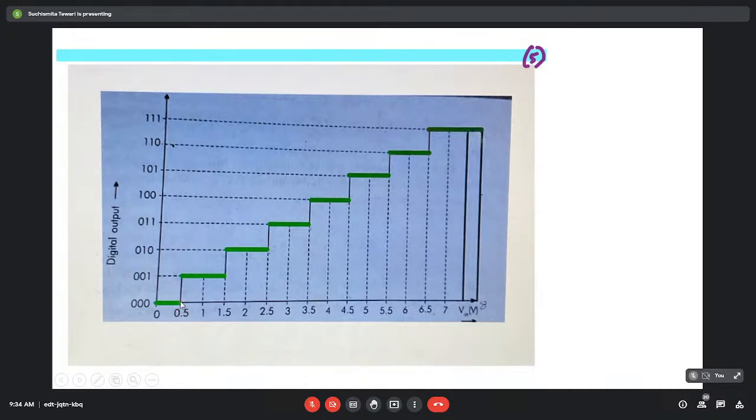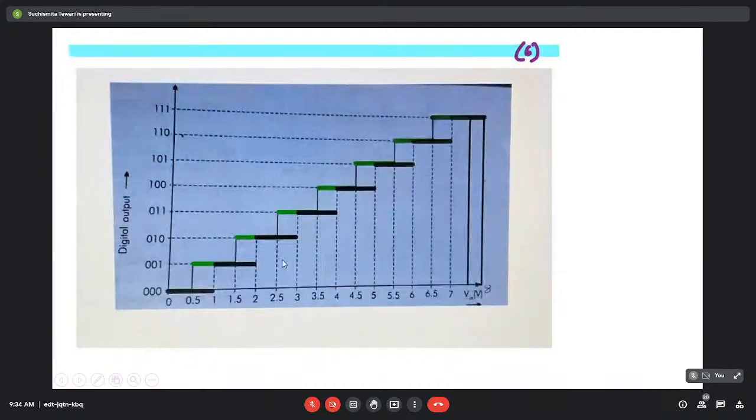So here it is just 0.5 and here it is 1.5. So a bit of asymmetricity is happening in this kind of design. But here, each of these intermediate levels, the step height, remains one volt.